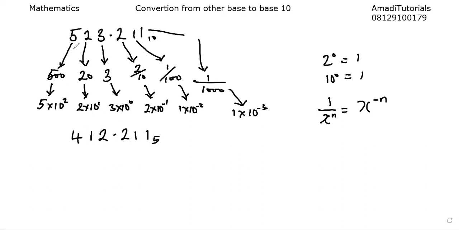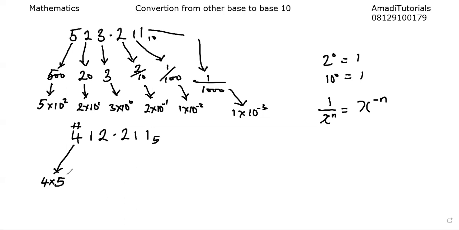It's still the same procedure as for base 10. So this 4 is in the 100 place value. Its numeric value will be 4 times its base. Remember, the earlier one was 5 times its base raised to the power of its place value. So this one will be 4 times its base. What is its base? 5.